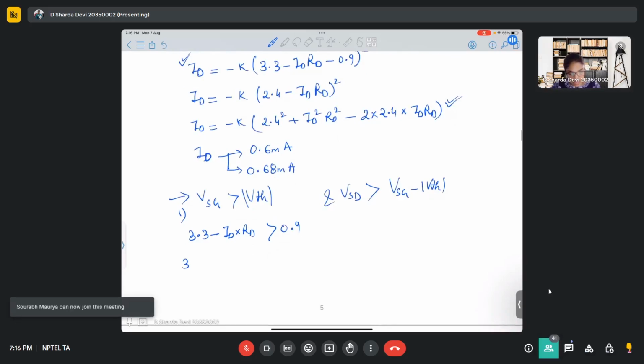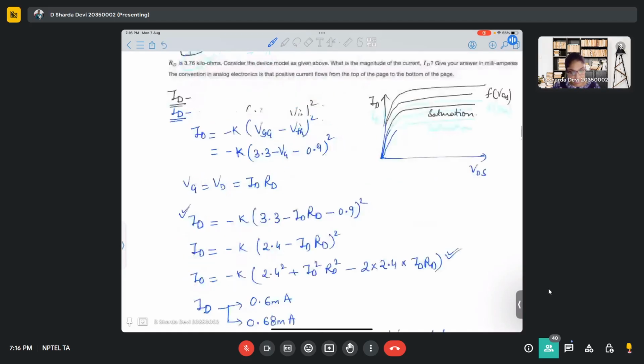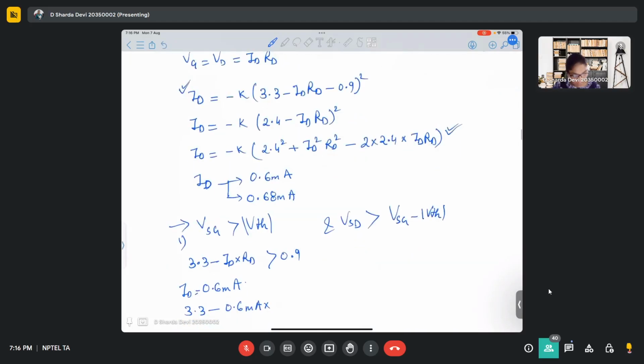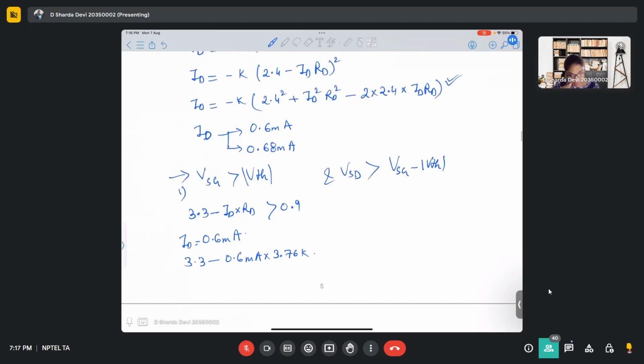Let's say for ID of 0.6 milliamperes, it is 3.3 minus 0.6 milliamps into RD, which is 3.76 kilo ohms.